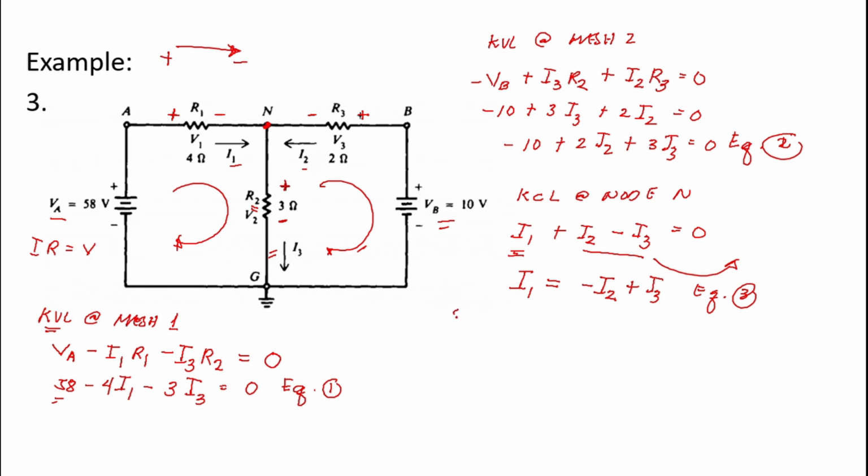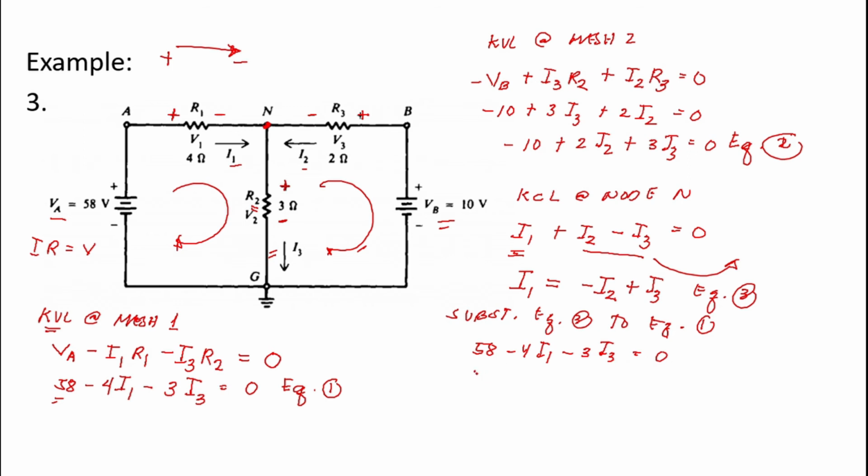Substitute natin. Substitute equation number 3 to equation number 1. Ano yung equation number 1 mo? 58 minus 4I1 minus 3I3 is equals to 0.